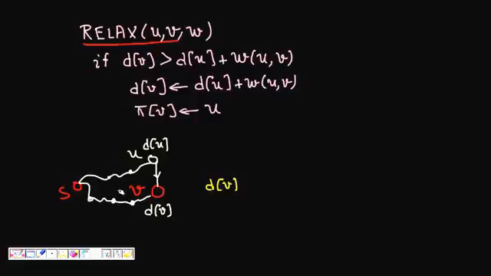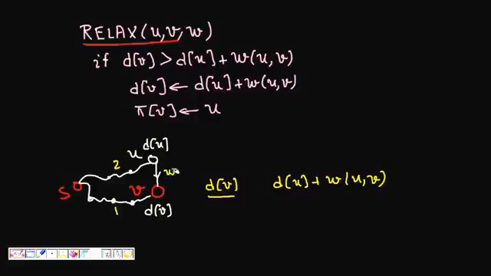Now I know that from S I can reach V via this first path, or I can reach via another path, that is going from S to U and then from U to V via the edge UV. So we have one distance d[V], and another for this path 2 is d[U] plus w(U,V), which is the edge cost.